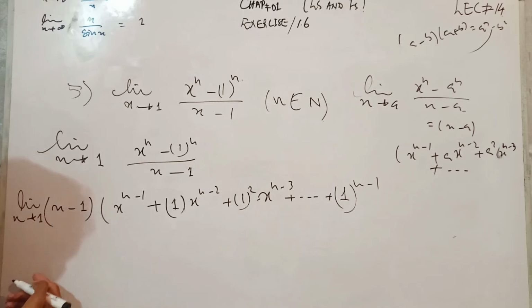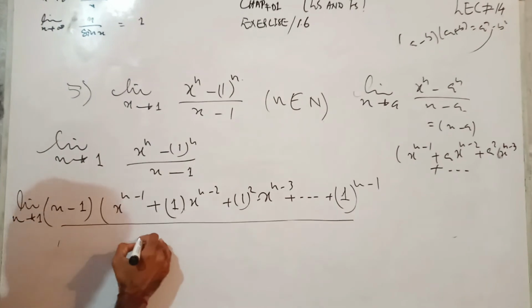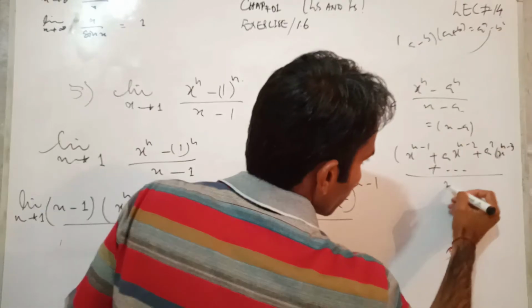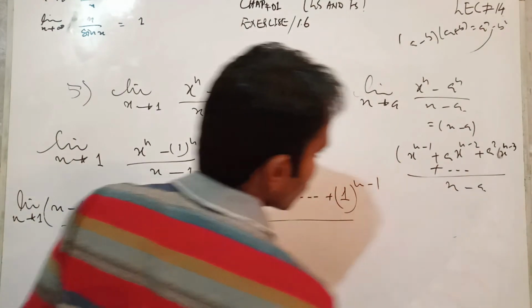Now we get divided by x minus 1. This is the formula, divided by x minus a.